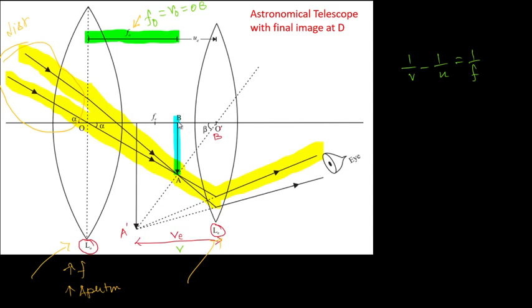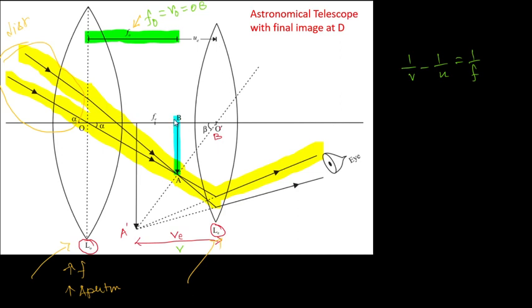Then what about the object of the second lens? That is nothing but the image of the first lens. Therefore this image acts as the object of the second lens, that is the eyepiece, and it lies between the focal point of the eyepiece and the optic center of the eyepiece.